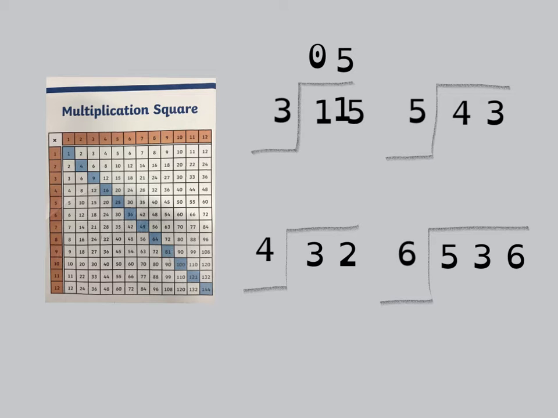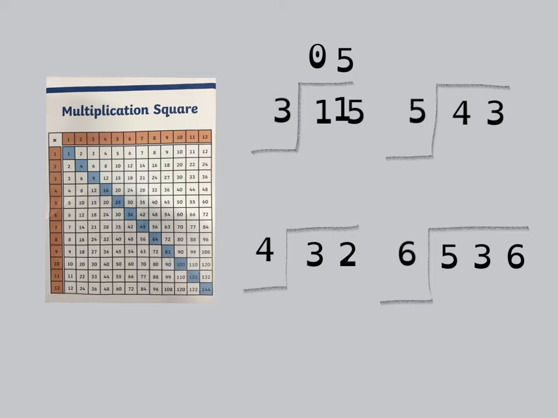Okay, let's go on to the second calculation, which is 43 divided by 5. So we're going to look at the tens first. And if you look at 4 divided by 5, now again, that number that you start with is smaller than the number you're dividing by, so you can't do it.